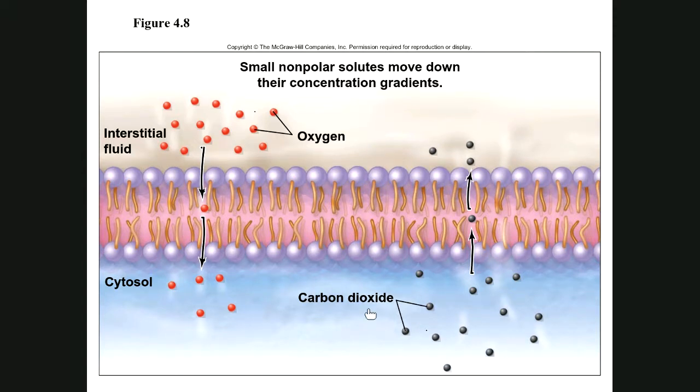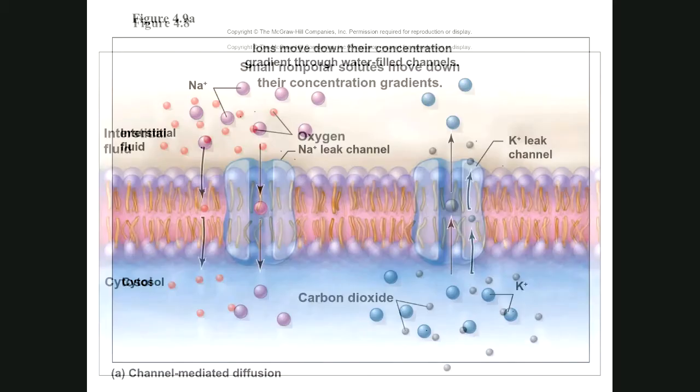Inside the cell, we have many molecules of carbon dioxide compared to the extracellular fluid. So carbon dioxide is going to diffuse out of the cell through the plasma membrane from a high concentration to a low concentration. This is representing simple diffusion, the movement of solutes across a plasma membrane down their concentration gradient.